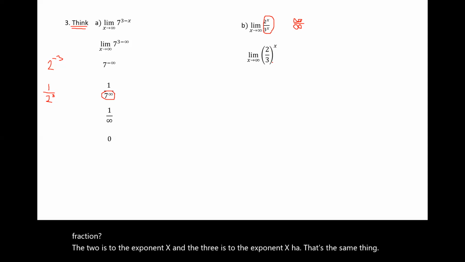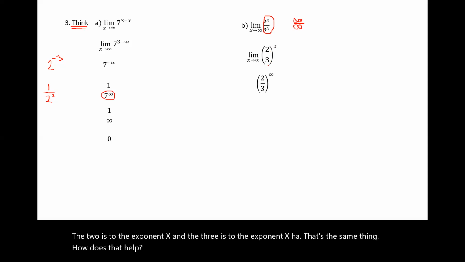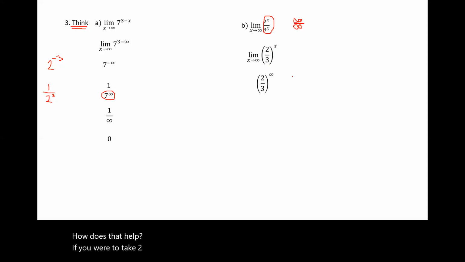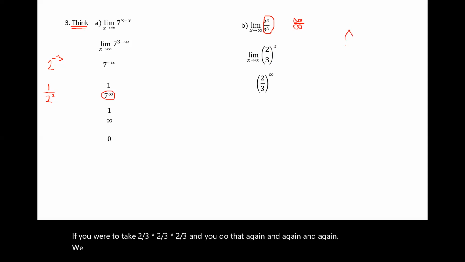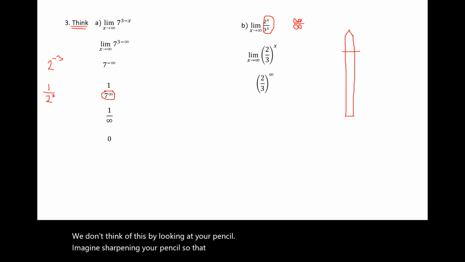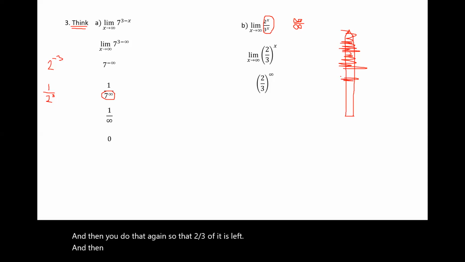How does that help? If you were to take 2/3 times 2/3 times 2/3 and you do that again and again and again, we're going to think of this by looking at your pencil. Imagine sharpening your pencil so that 2/3 of it is left. And then you do that again so that 2/3 of it is left, and again, and you keep doing that.